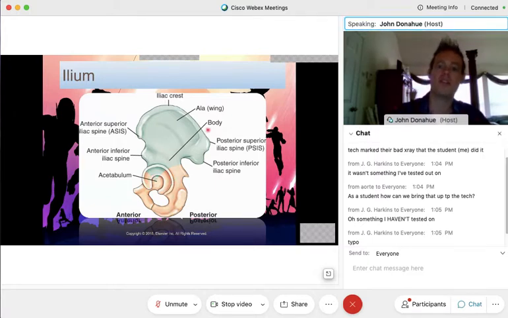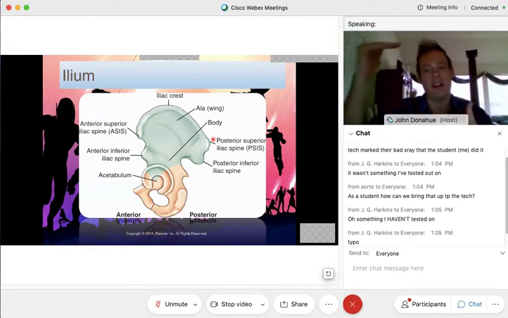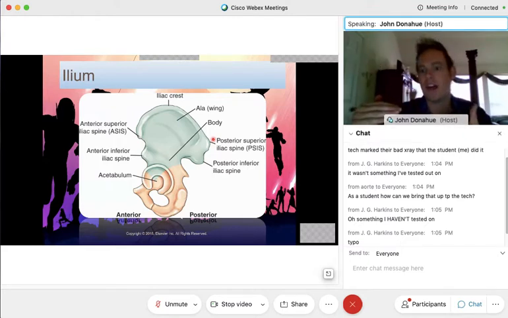Now let's go to the posterior side. Now, you can't really palpate these because there's a little bit too much tissue back there, but we also have a posterior superior iliac spine, abbreviated as the PSIS. Then inferior to that, just like the anterior side, we have a posterior inferior iliac spine, PIIS.